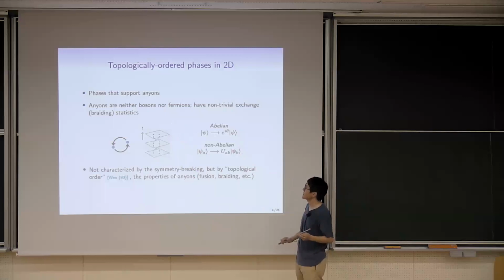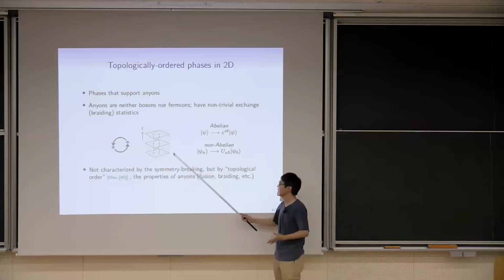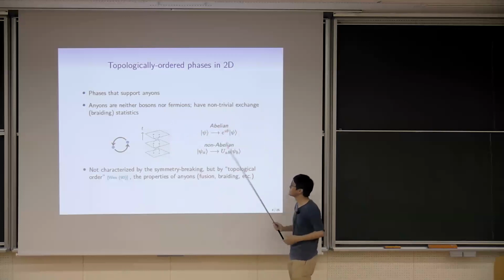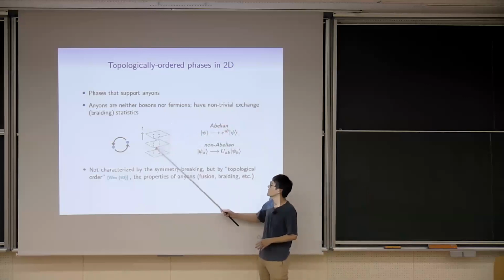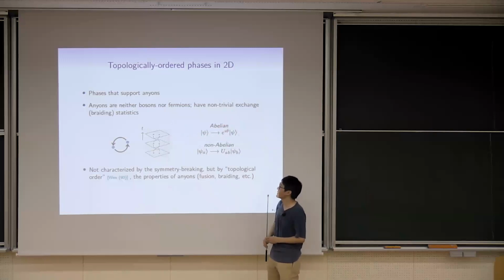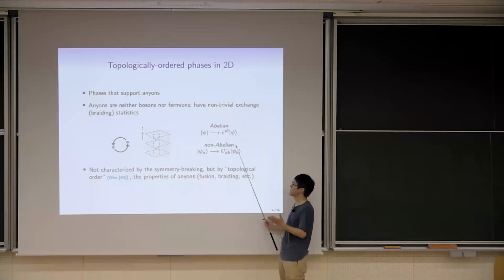But anyons are neither bosons nor fermions. So for example, as you exchange two anyons, instead of plus or minus one, you could pick up some more interesting phase, like e to the i theta. Or even more exotically, as you exchange the locations of these two anyons, you may get a different state or a superposition of different states.